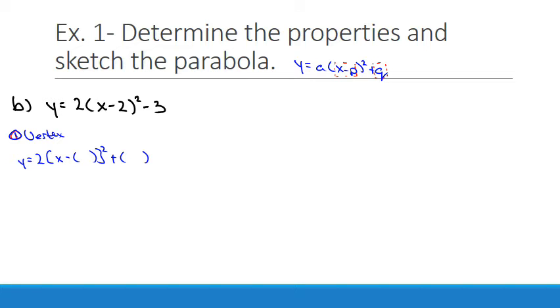So this is where p would be, and this is q. You can see here x minus p, which means that must be a positive p here. And this is a plus p, which means this would have to be negative p because you have a sign change. So because of that, our vertex will be positive 2, negative 3.